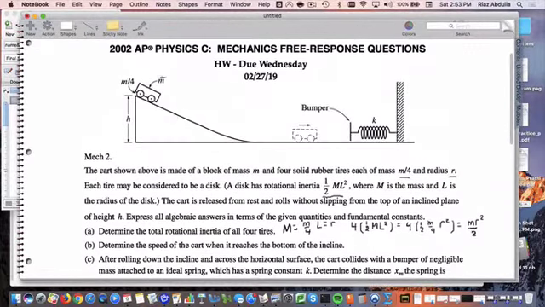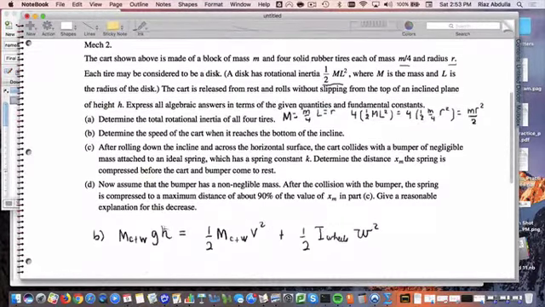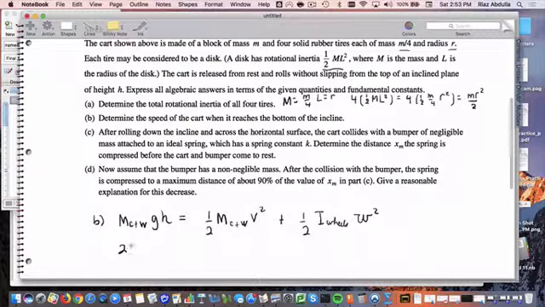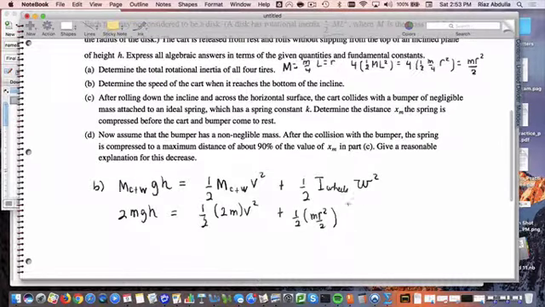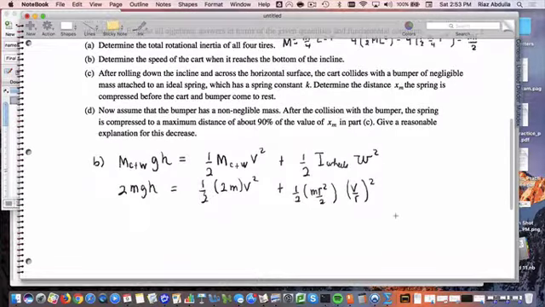So the mass of the cart is m, and the mass of the wheels are m/4. So this will be 2 little m gh equals 1/2 times 2 little m v squared plus 1/2 times, and it's all 4 of the wheels, so that'll be mr squared over 2 from part A. And omega squared, we're going to put v over little r squared right there. So we've got a little bit of simplification ahead of us.